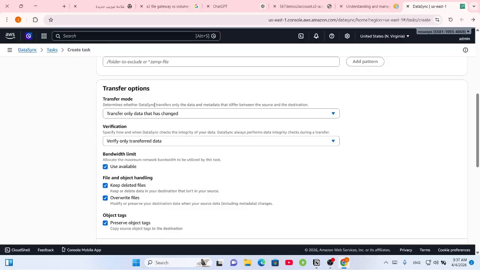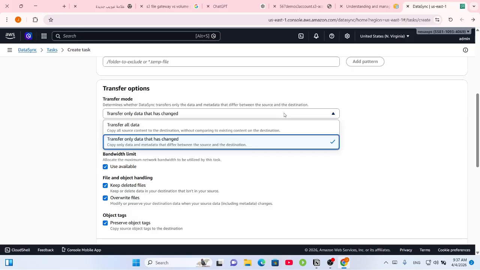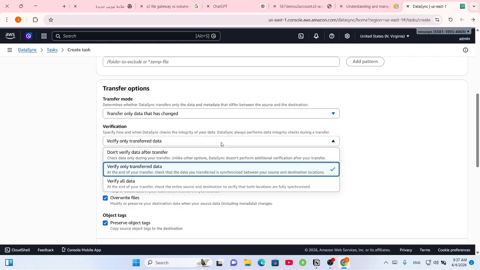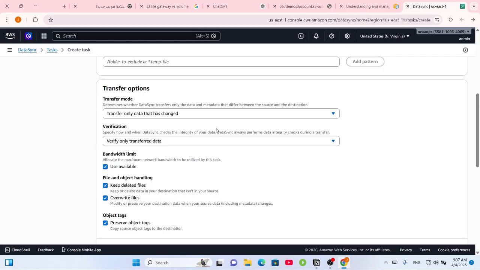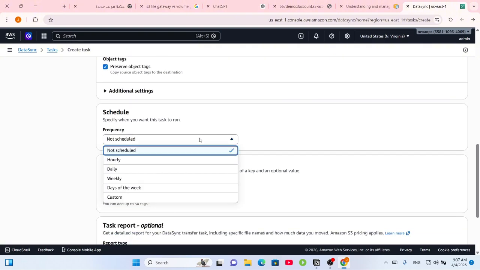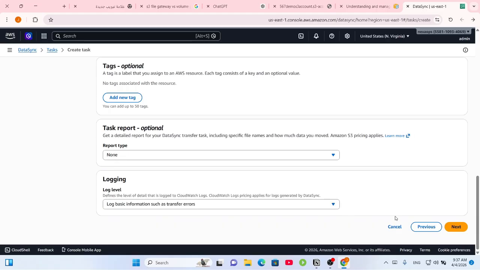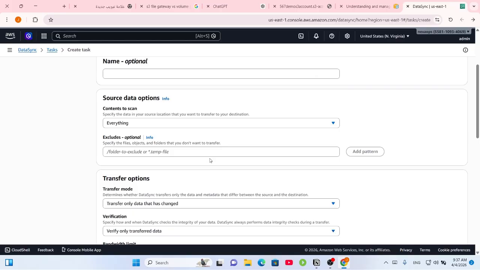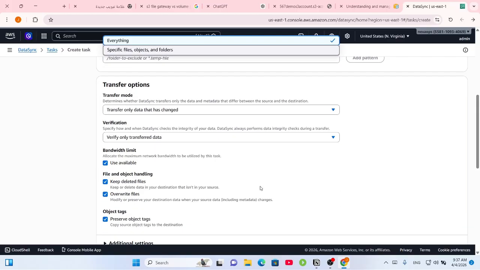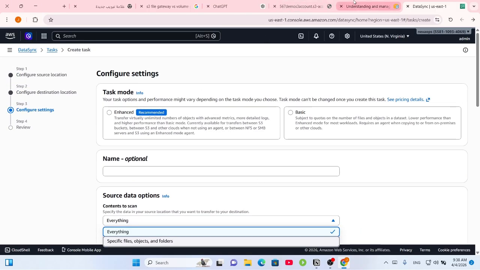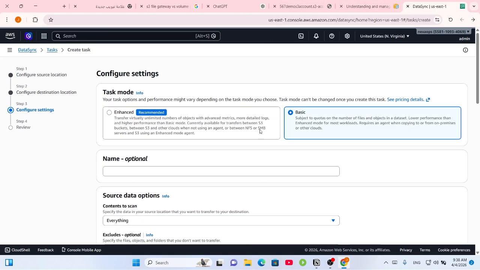Determine whether DataSync transfers only the data and metadata. We can do this and click next, and we can do this basically.